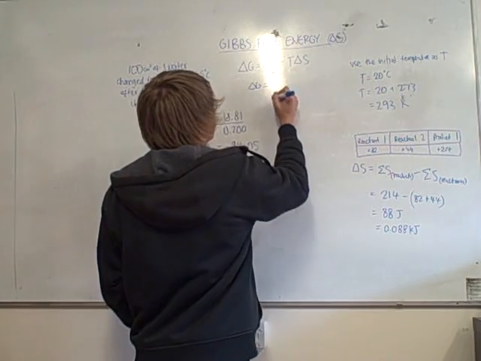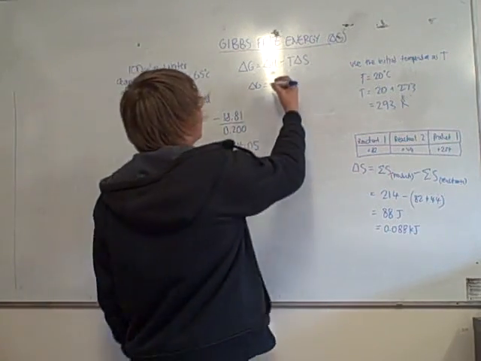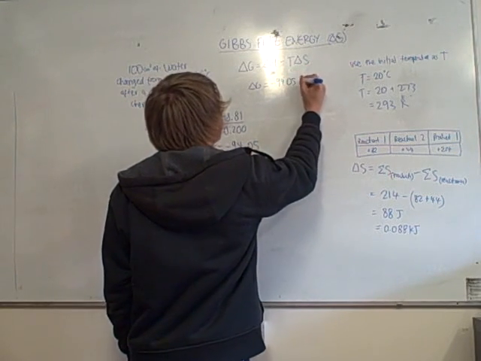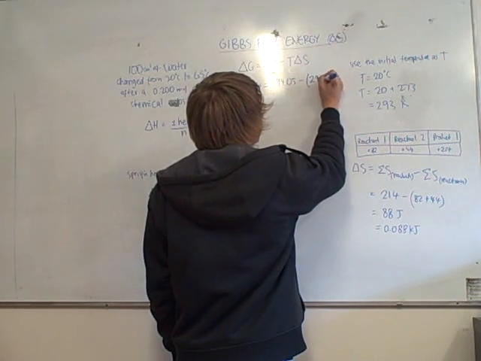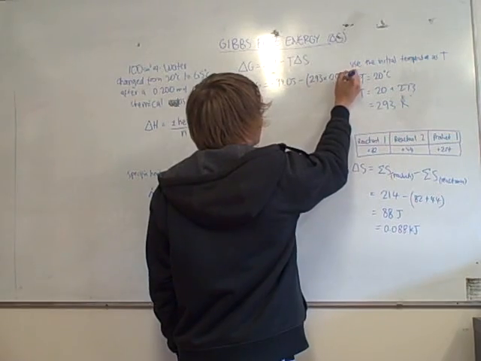Now we can sub in the values. So now we have delta H as minus 94.05, minus T, which is 293, times 0.088.